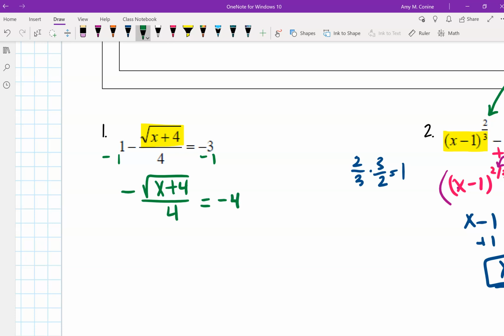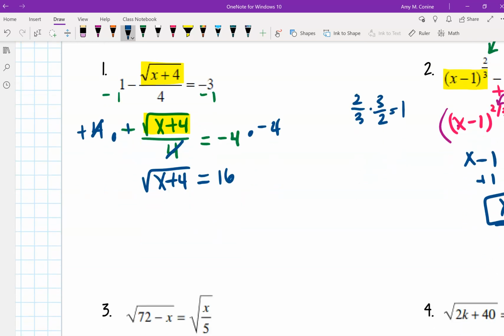Now I'm going to try to get rid of the denominator and the negative because this top still needs to be by itself. So I'm going to multiply both sides by negative 4 because that gets rid of the denominator and gets rid of the negative. So now I just have the square root of x plus 4 equals a positive 16, which is great. Makes it much easier to deal with.